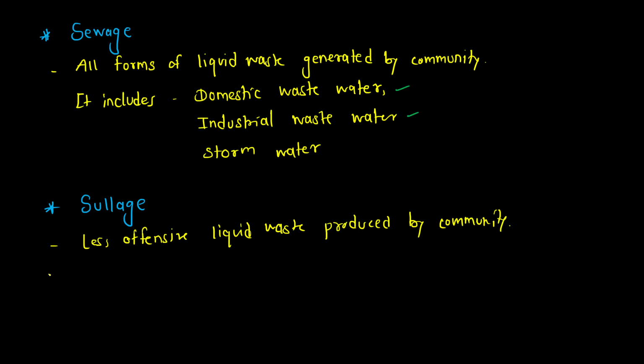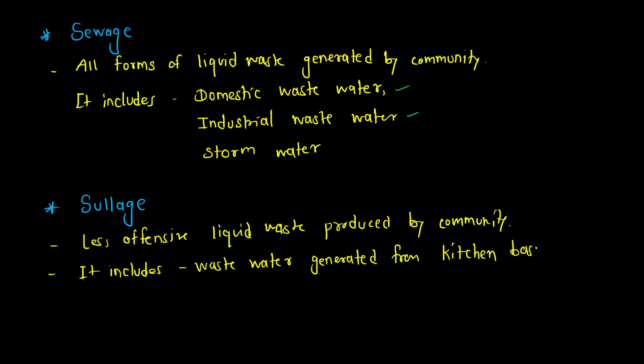Now what are the examples? It includes wastewater generated from kitchen basins, then wash basin, bathrooms, etc. So this is the main difference between sewage and sullage.